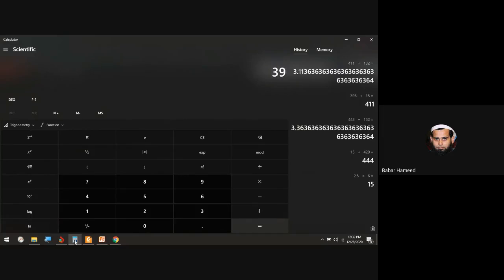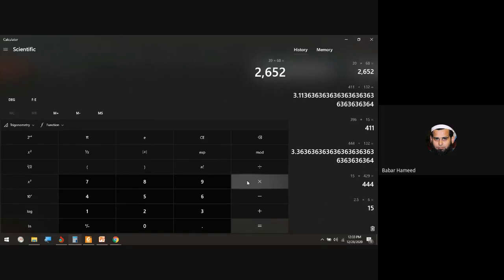39 multiplied by 68. Value is 2652 over 39 plus 68, 107.